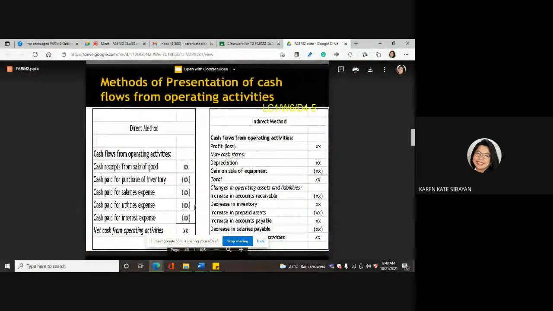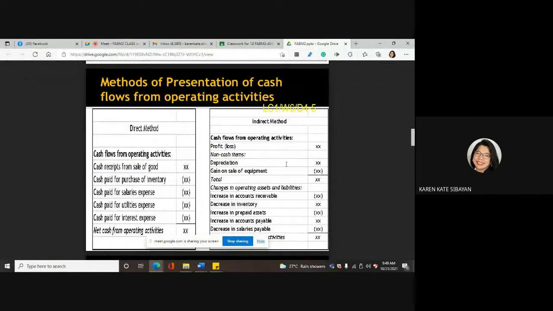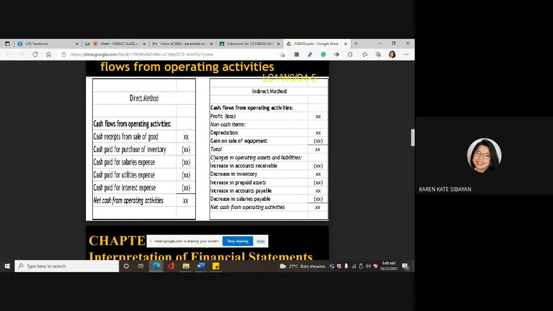Sa indirect method naman, class, ilalagay mo kung profit. Ano-ano yung mga non-cash items? For example, the depreciation, gain on sale of equipment. Then you need to total it. Changes in operating assets and liabilities.